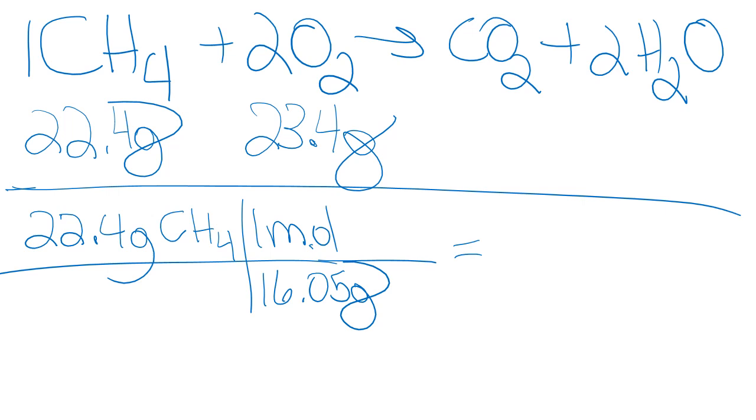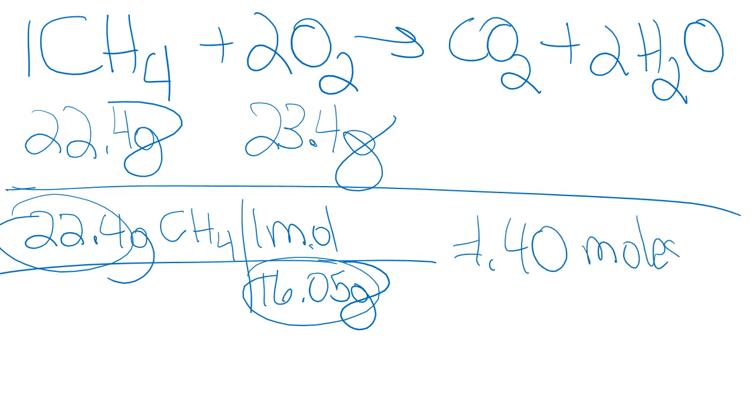We're going to solve that, and in the notes that I took, I did not record the right molar mass. So 22.4 divided by 16.05. We had 3 sig figs, so that is 1.40 moles of CH4.